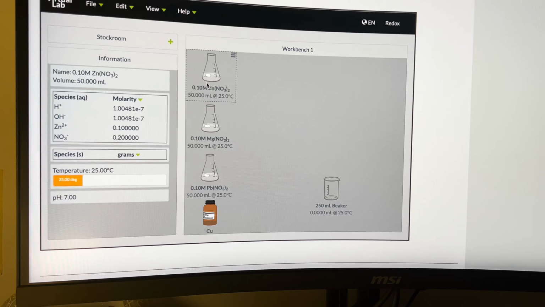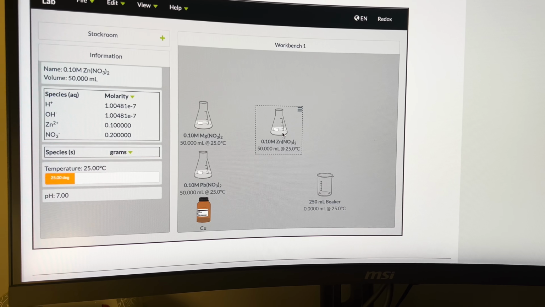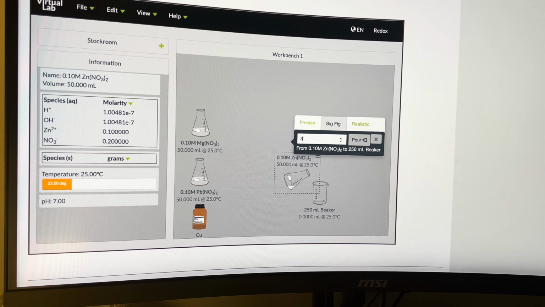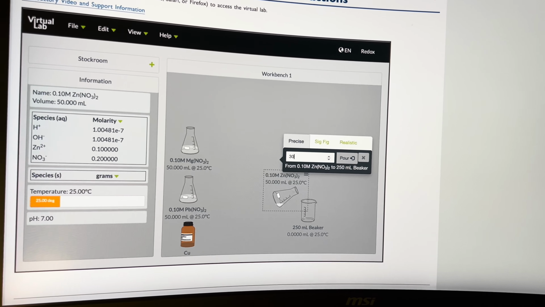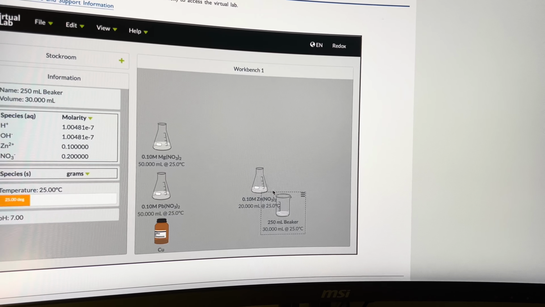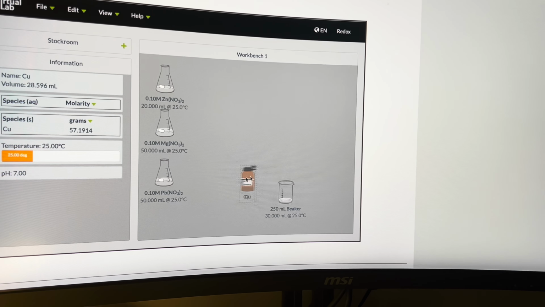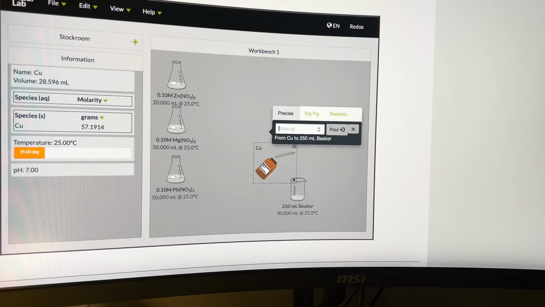First, we're going to pour 30 milliliters of the zinc nitrate solution into a clean beaker. And now we're going to dispense 10 grams of copper solid into the beaker and observe if there are any changes going on.